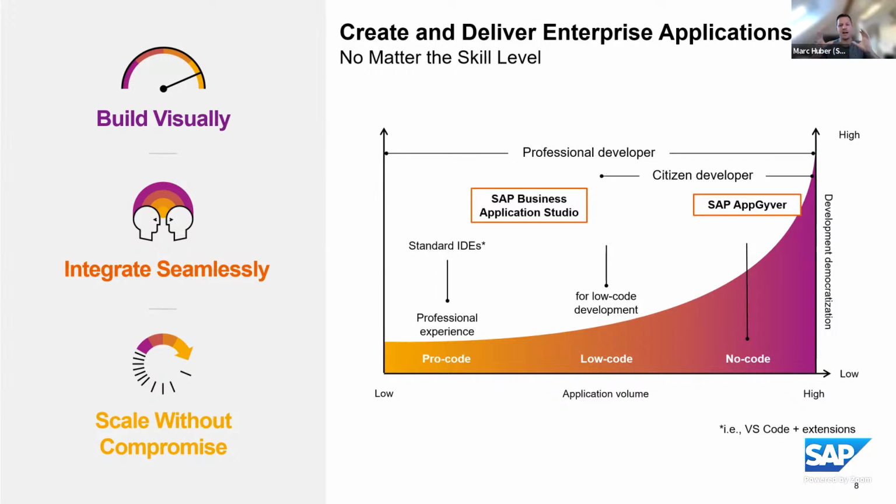We added some nice looking UIs on top of it so that you can easily create data models, services, and first UIs with a graphical modeler. But then you also have the possibility to just change the view and jump into your pro code. With SAP AppGyver, we are limited to the no-code part. So there you don't have the possibility to change the code that is behind the built application itself.